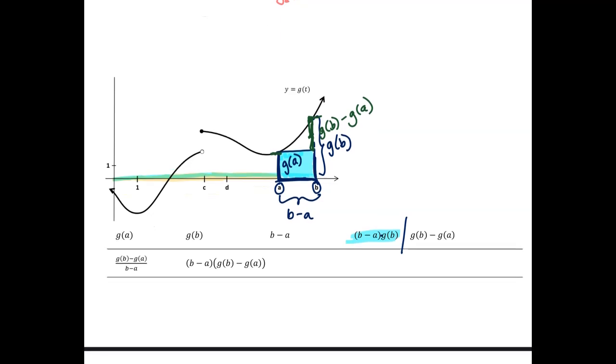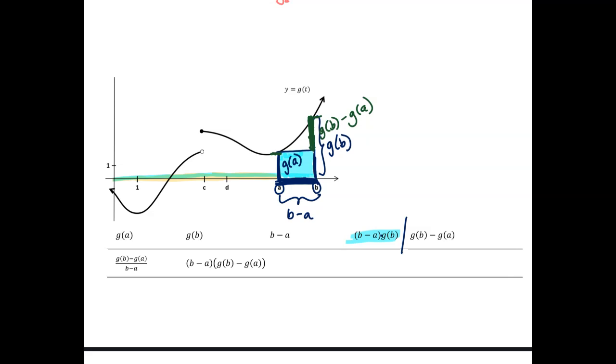So now we have that distance, that green distance that's above our rectangle. The first question is what happens when you take that vertical distance I just drew and you divide it by this horizontal distance on the base of the rectangle. And the answer is a slope, but it can be a little bit tricky.